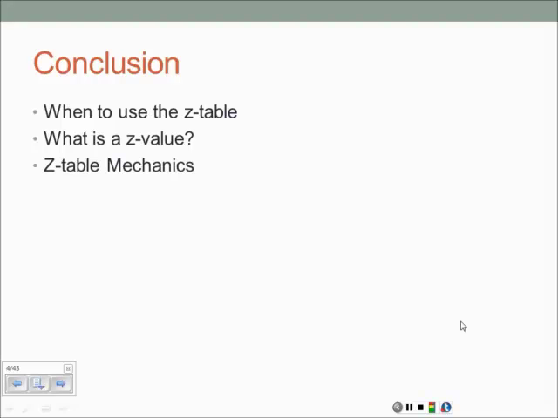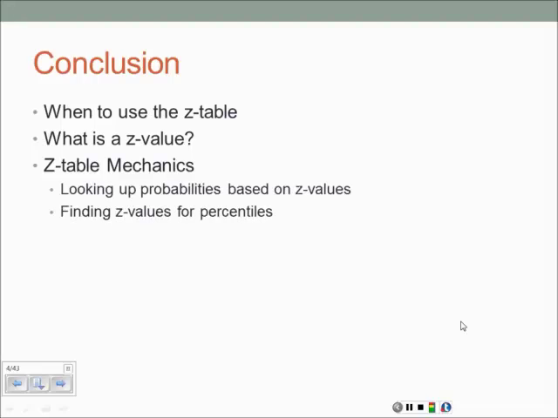Went through some z-table mechanics, just going down the left-hand side and the upper side of the table to find, for example, a z-value for z equals 2.28. Also talked about doing that for percentiles, where we had, for example, the 80th percentile, so 50% below, so from the mean to 80 is 30%, or 0.3.